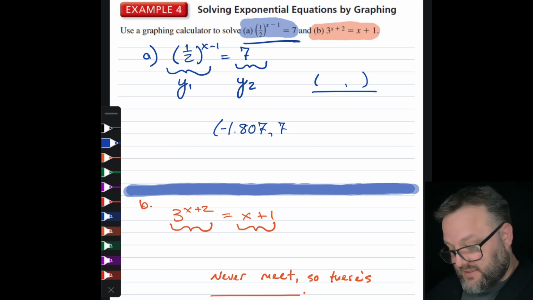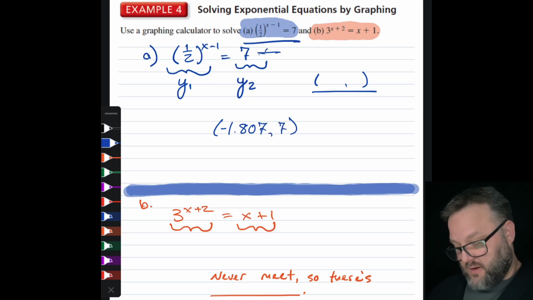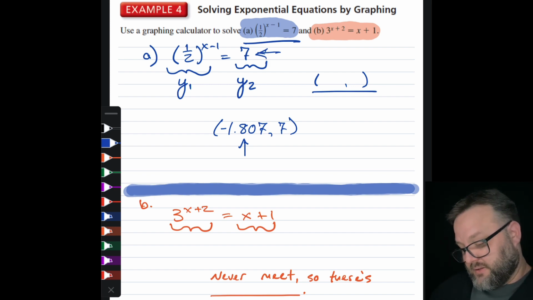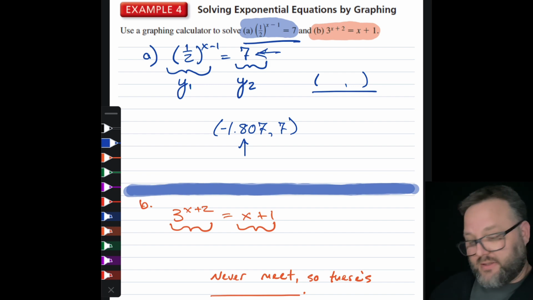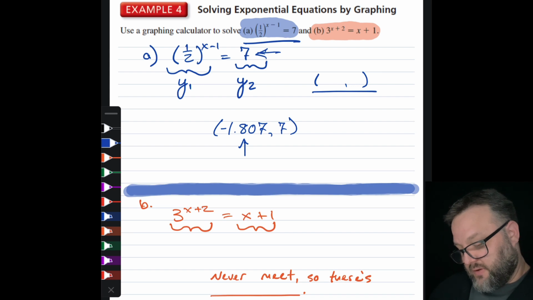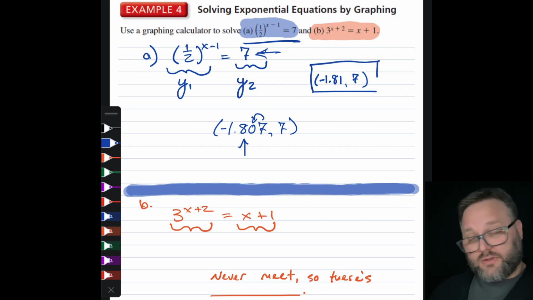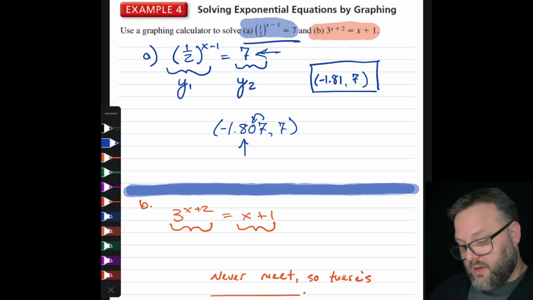So what that means is at 7, x was this. So this is our coordinate. Now, I don't want to say that's my final answer. That's a little bit long. Two decimal places is just fine. So this 7 tells the 0 to round up, and it becomes negative 1.81, and that one's going to be my final answer.